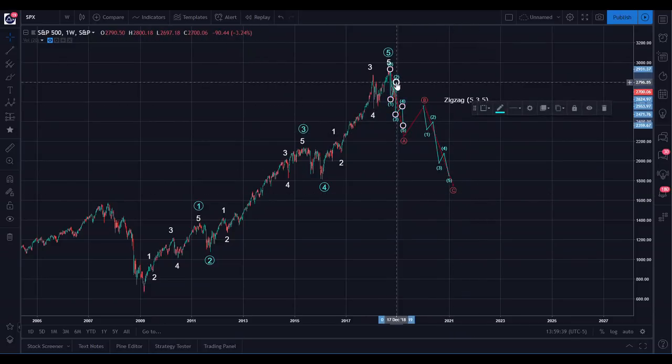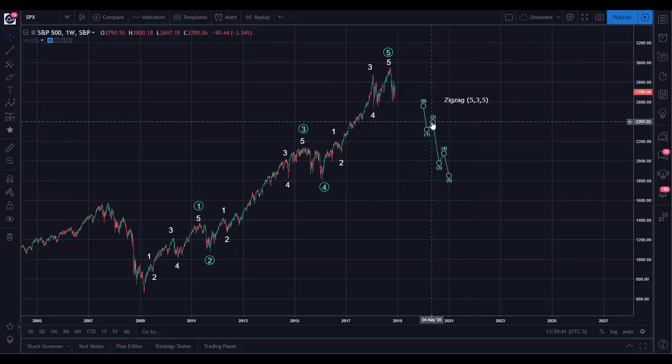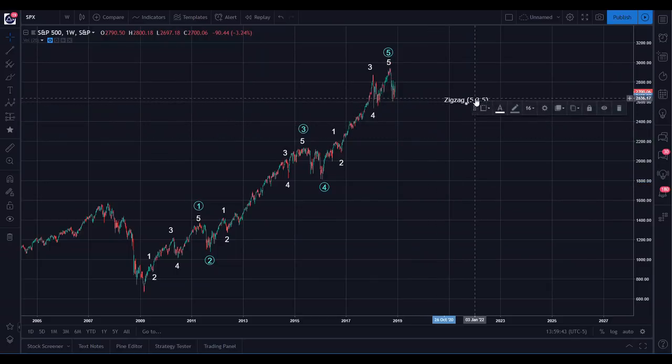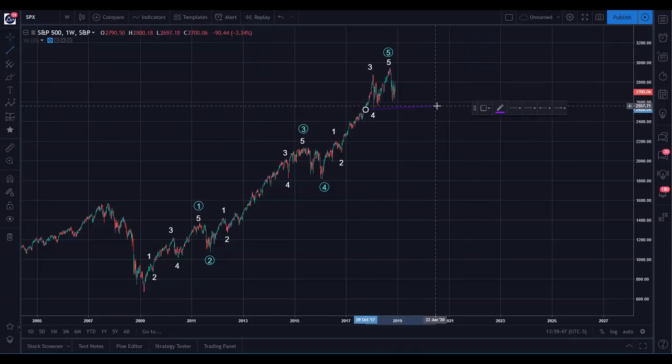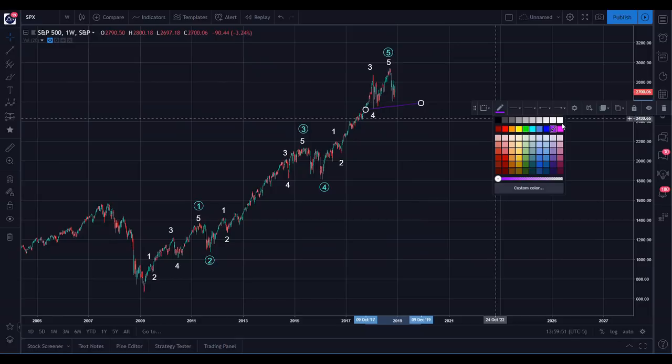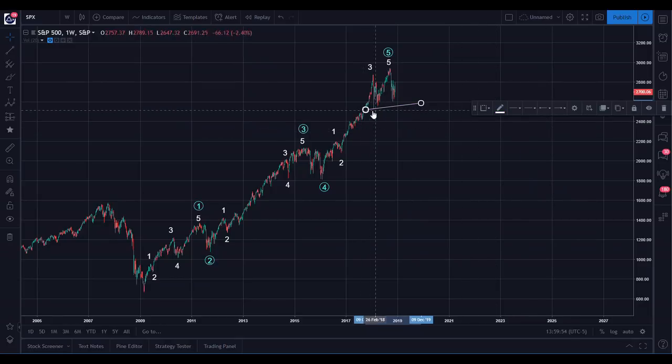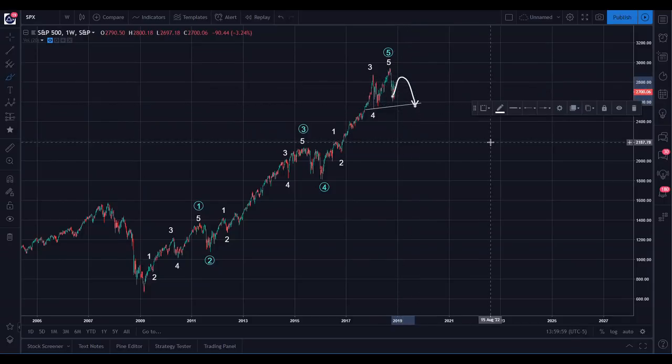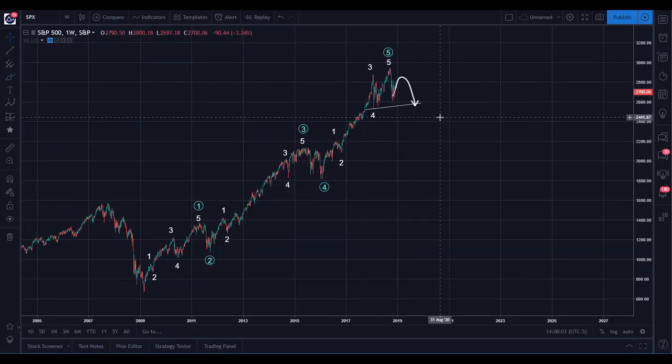If we then take into consideration a pattern, so let's say I have a neckline, and the neckline would do something like this. Okay. Then we have a head and shoulders pattern. That would be very ominous.